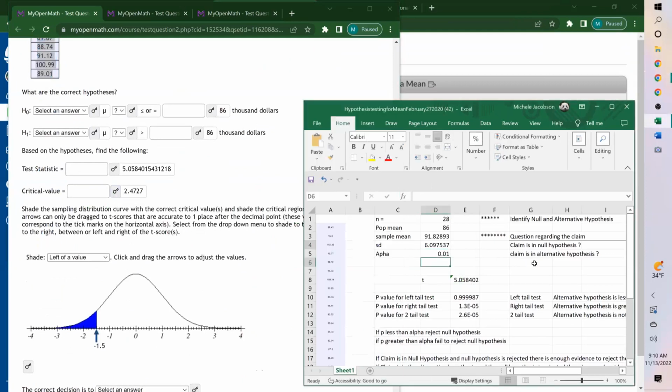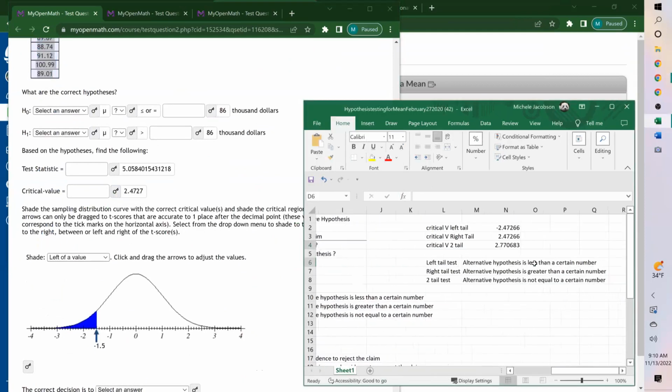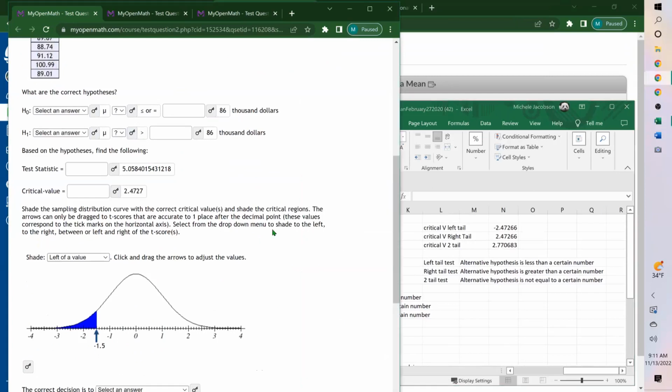For the critical value, I believe the critical value is over here. Yeah, here it is. And so here's our critical values. Now we were testing greater than. Greater than is a right tail, so it's 2.47266. Of course, they're going to round it to 2.5. Here you want to put your, let's see, it's a right tail.